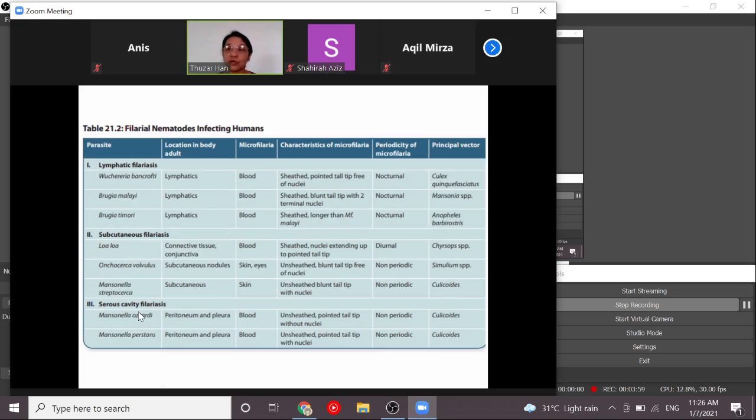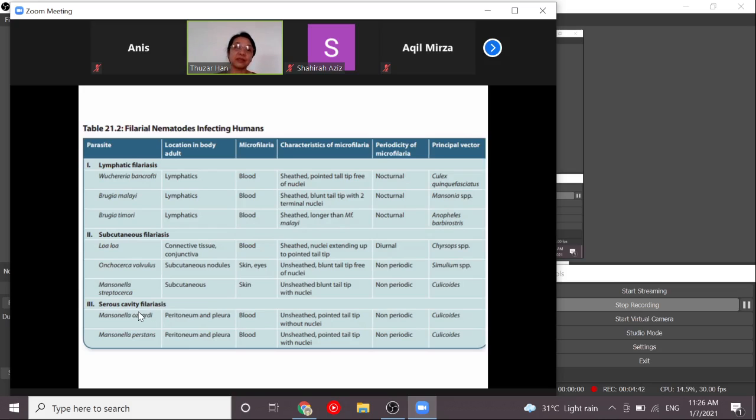That's why another name for Loa loa is the eye worm. You can sometimes see the adult worm crossing the conjunctiva during slit lamp examination, eye examination under magnification. That's why the name is eye worm. So that is not because of microfilaria larvae found in the blood. Hence this topic is included under the hemobiotic system.